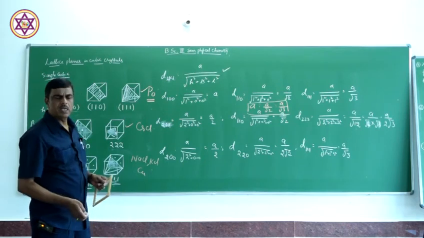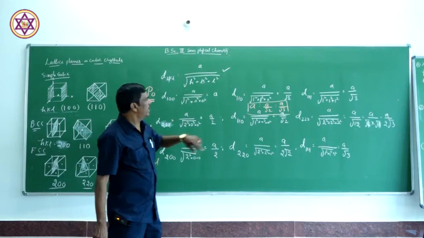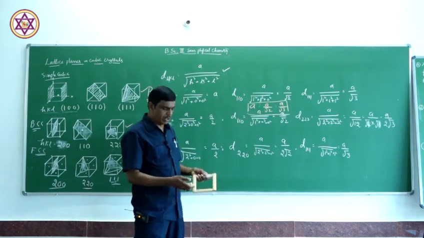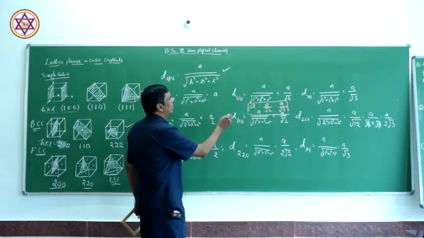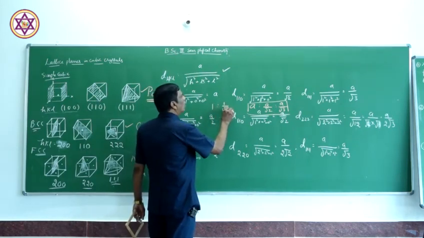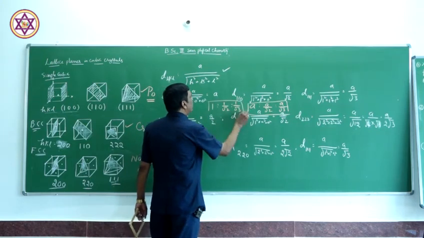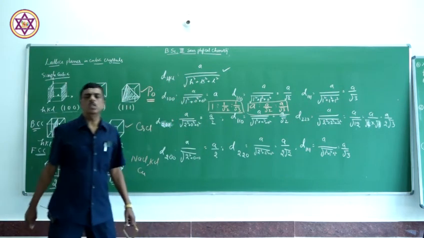If you measure the interplanar distance and take the ratio, and that ratio is equal to this, or you can also simplify it as 1 is to 1 by root 2 is to 1 by root 3, this is the ratio of the interplanar distances in a cubic crystal.